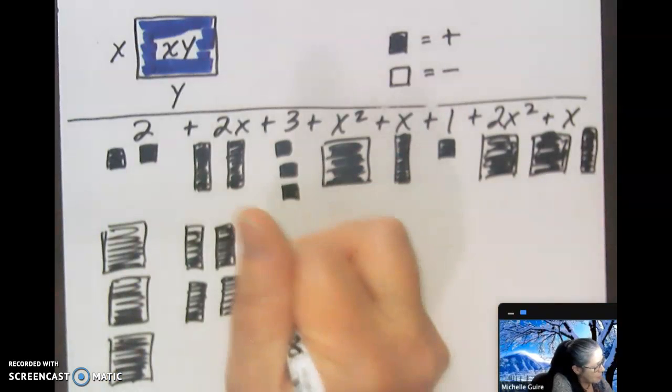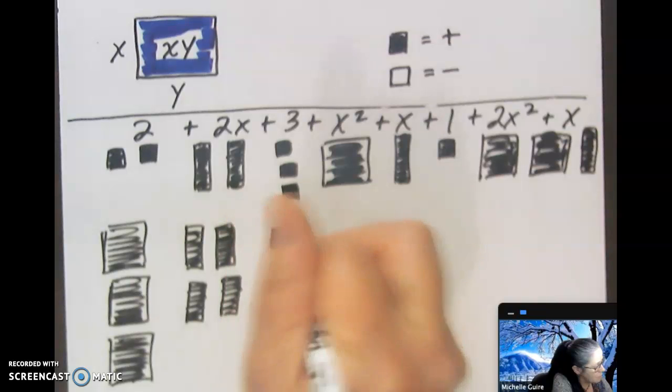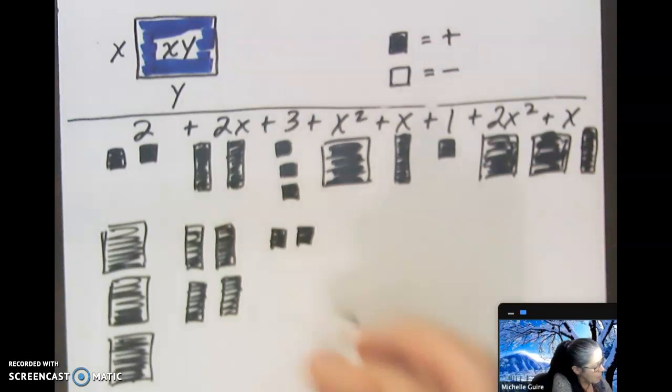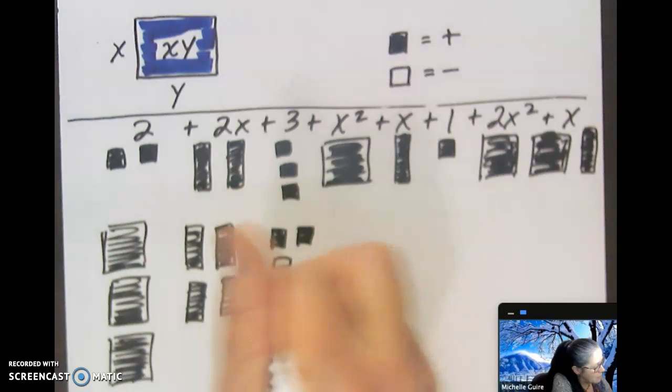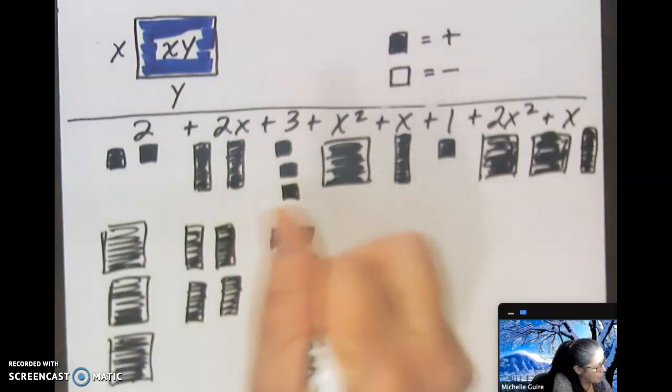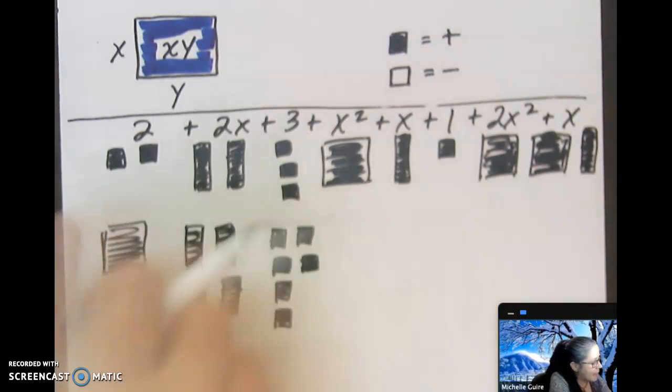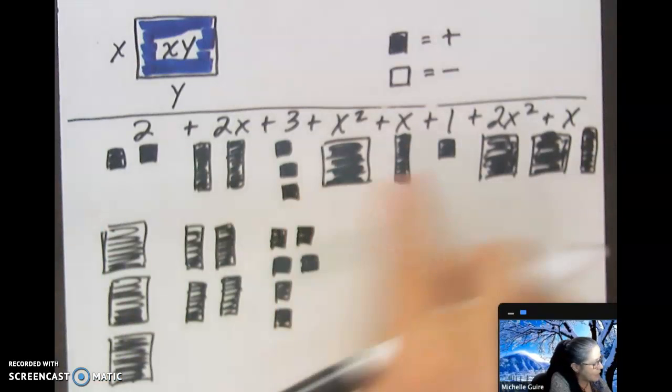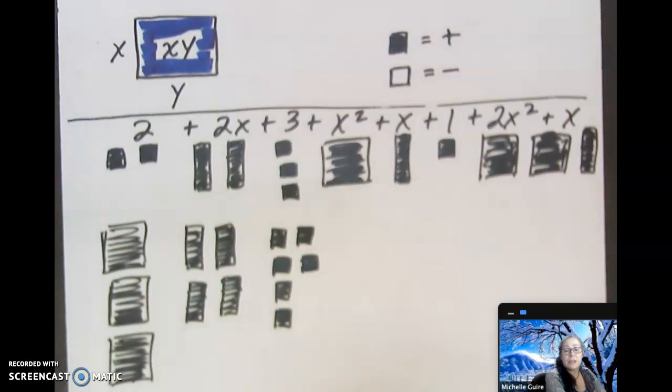We have 2 1s. We have 3 1s. We have 1 1. So all I did was I gathered these all together. So 2, 3, and 1. So notice I gathered them all together.